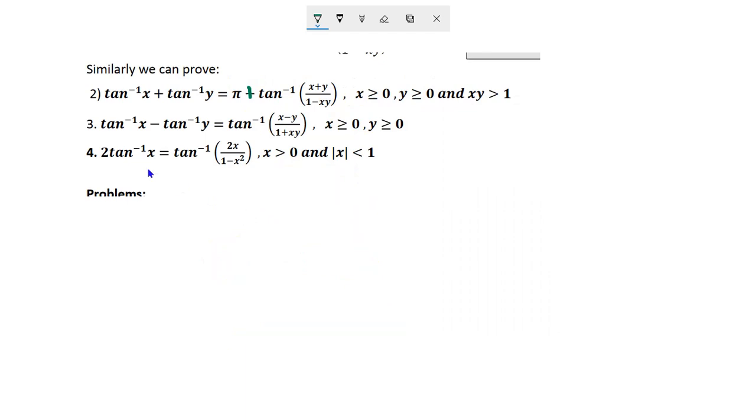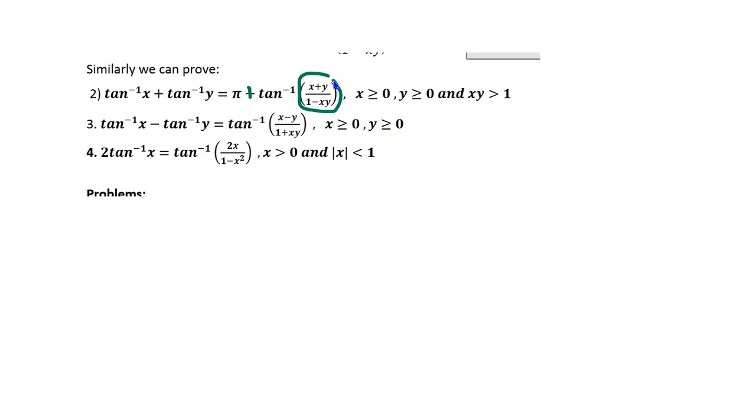Now we'll have the other result: tan inverse x plus tan inverse y is equal to pi plus tan inverse of x plus y divided by 1 minus xy. Here x is greater than 0, y is greater than 0, and xy is greater than 1. If xy is greater than 1, 1 minus xy is less than 0. This is a negative quantity.